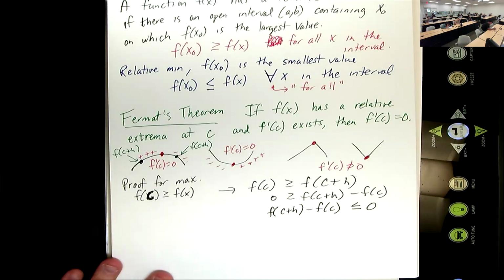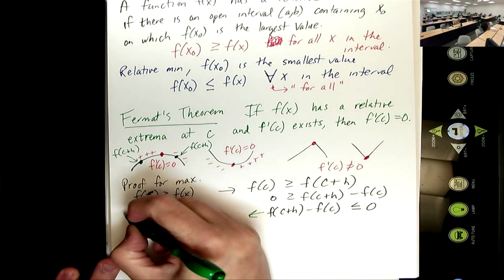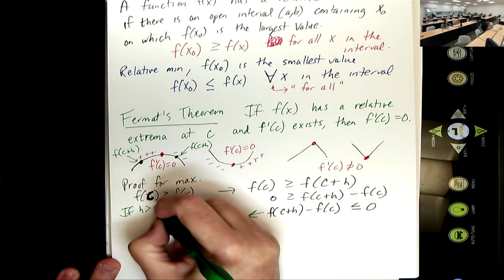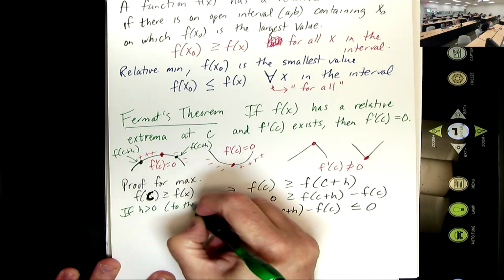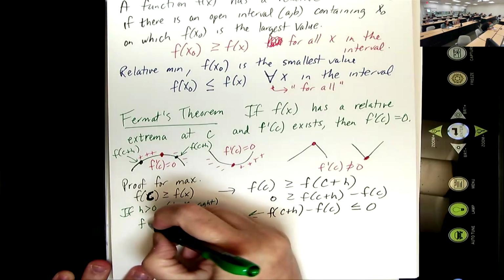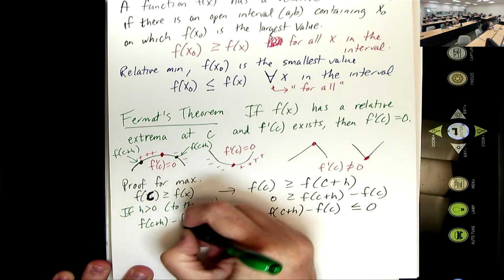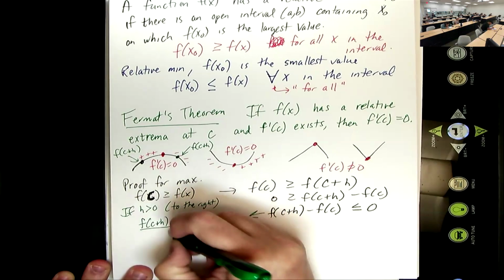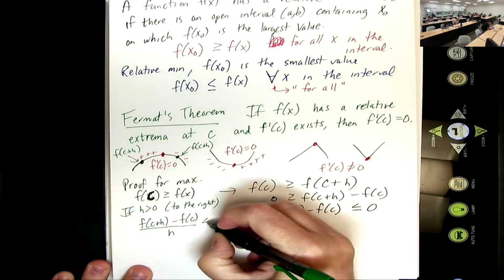If h is greater than 0, like we're to the right, then I can divide both sides by h, and it doesn't change the inequality. This also holds.